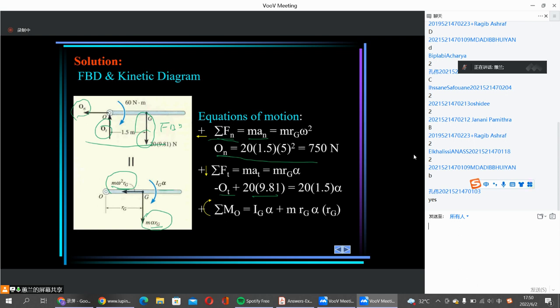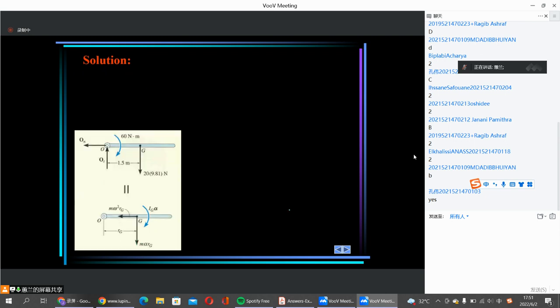Except for the two scalar equations of the force, the moment about point O should be equal. So sigma M_O, calculated from the real force system, only the weight has a moment about point O, and this equals I_G alpha, or just I_O alpha. We already derived this, right?